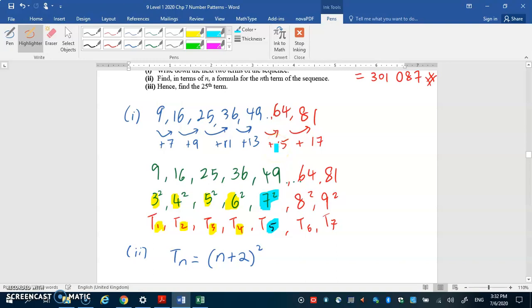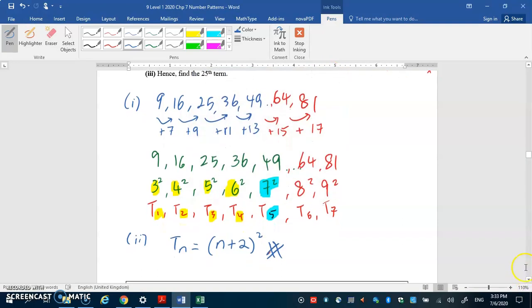Okay, so very easily I can get n plus 2 whole thing square. This is my nth term. They can test you for this kind of nth term, which is not a common difference kind of question, right? But they can still ask you for the nth term because it is pretty straightforward to see that this is a square number. Okay, so by basic pattern recognition, we can find the nth term.